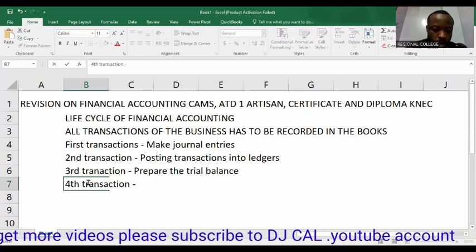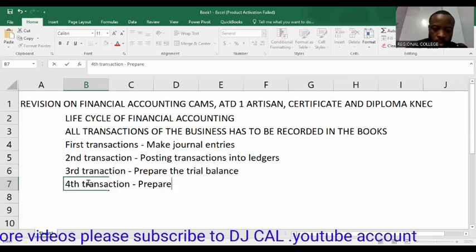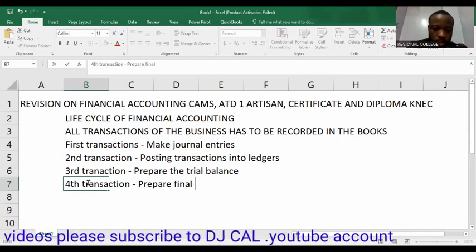So the fourth step, now you have to prepare the final accounts.